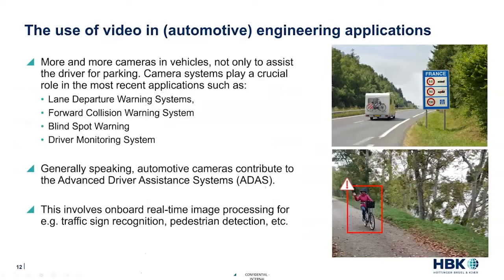For instance, it's cameras that determine the speed limit based on traffic sign recognition. It's also those cameras that can recognize a pedestrian and warn you that there's a pedestrian about to cross the street. So that's what happens within the car. All this goes on board, in real time. There's loads of processing going on.